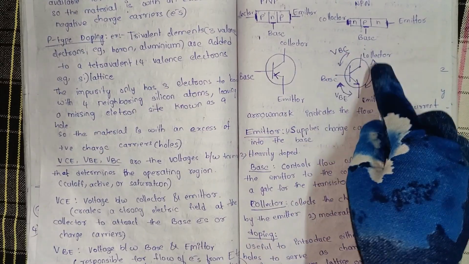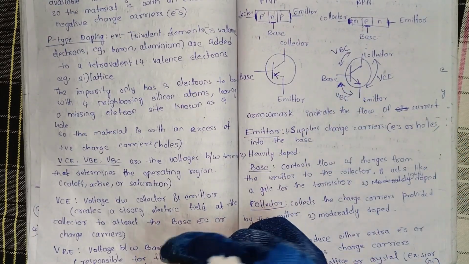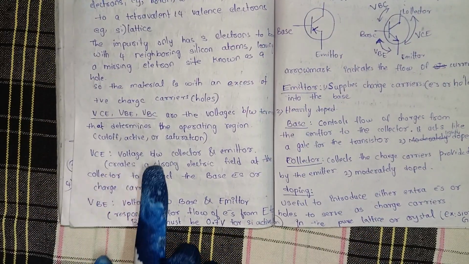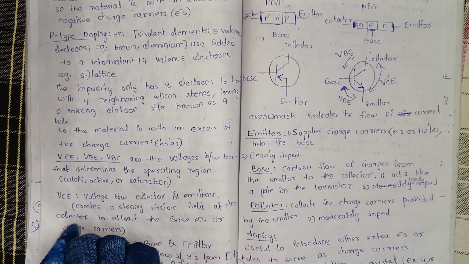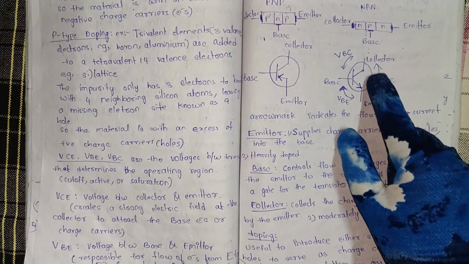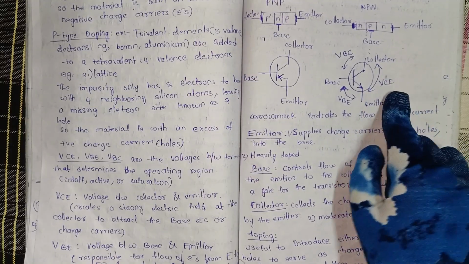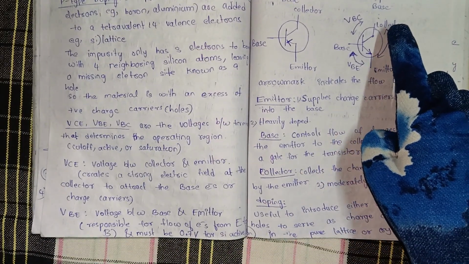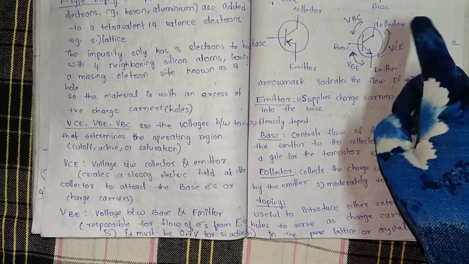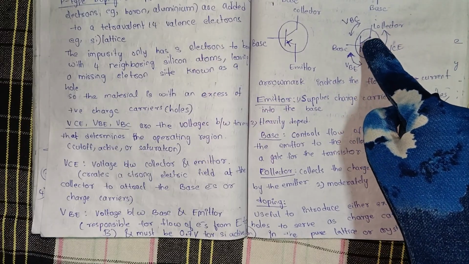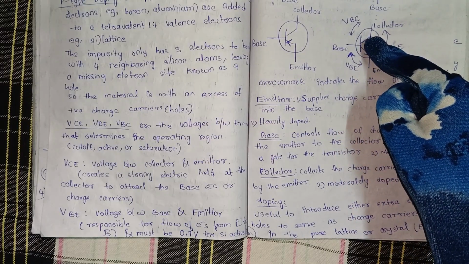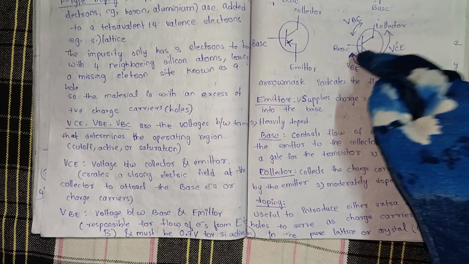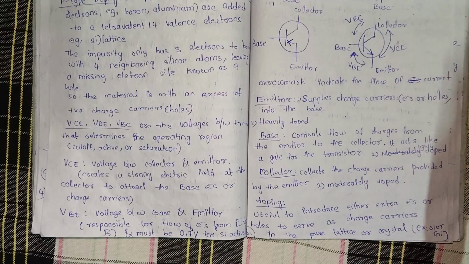These are the voltages between them, which decide the operating region. Then what is VCE? Voltage between collector and emitter. It is responsible for creating a strong electric field at the collector to attract the base electrons or charge carriers.